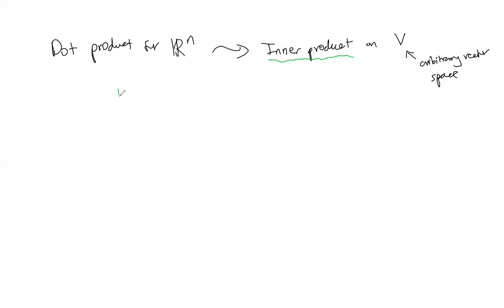An inner product needs to satisfy some things. Just like a dot product takes in two vectors and outputs a real number, an inner product is a function which we denote by these brackets. It's kind of a weird notation, but this means a function which takes in two vectors, one for each input, the first and the second.